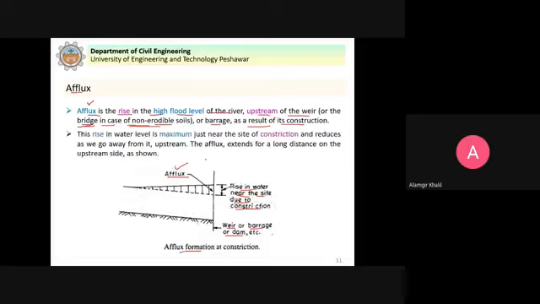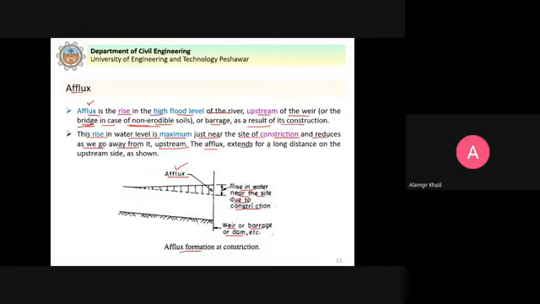This rise in water level is known as afflux. This is similar to that backwater curve that you studied in your hydraulic course. This rise in water level is maximum just near the site of construction and reduces as we go away from it upstream.